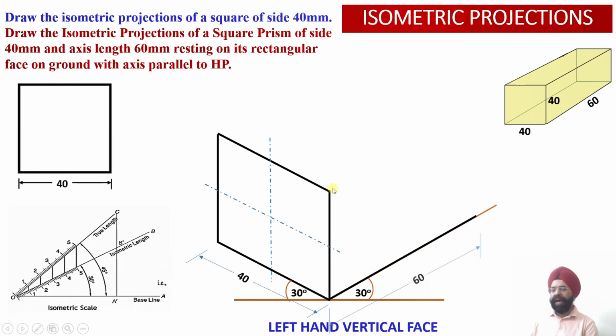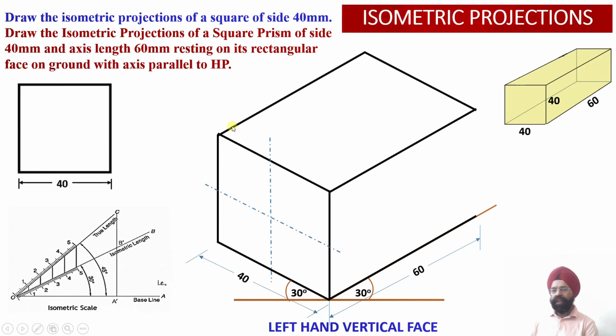Now I can mark the 60 millimeter, then another isometric length corresponding to this edge of the top face of this particular square prism can be drawn, right? So now my top face will not be square, this will be the rectangular face which I am going to get. So this edge will be parallel to the isometric axis. So this is my isometric line. Then again I am going to draw these two edges of the top face over there.